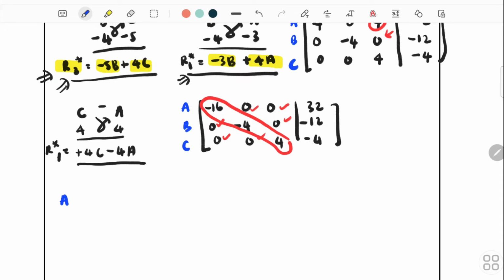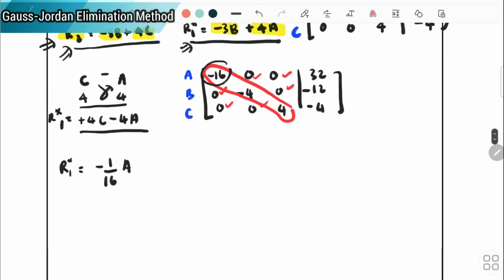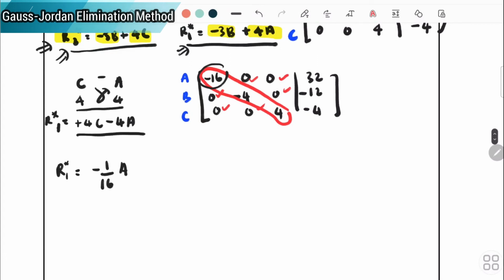For the first row, in order to make -16 become 1, you have to divide it by -16. So to get the new R1, row A needs to be divided by -16. For the second row, to make -4 become 1, you have to divide it by -4.